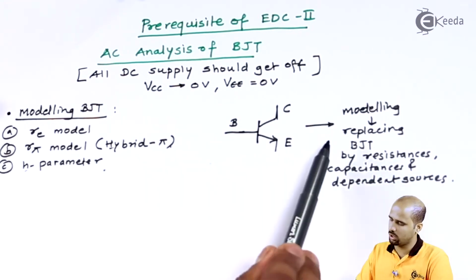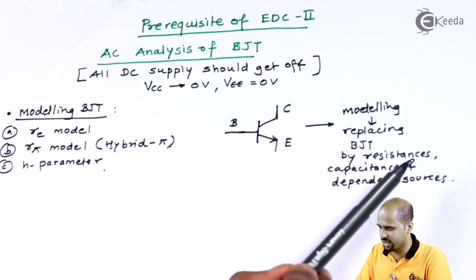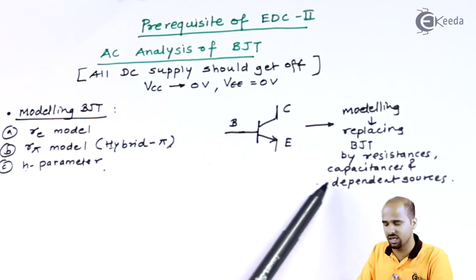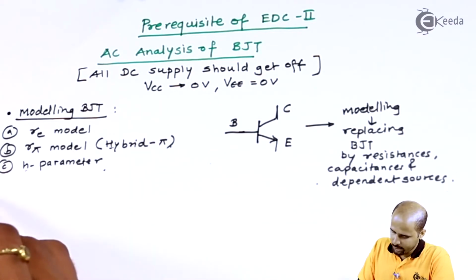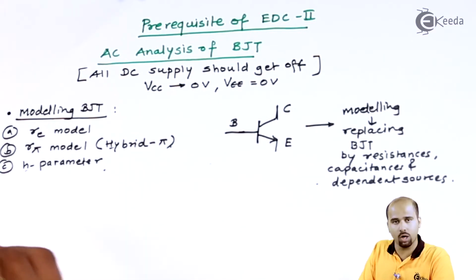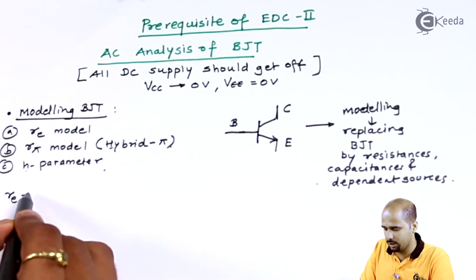So, replacing BJT by resistances, capacitances, and dependent sources, let's try to figure out the first model, the RE model.